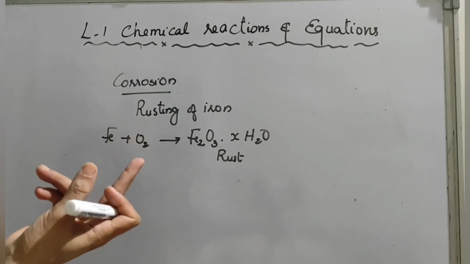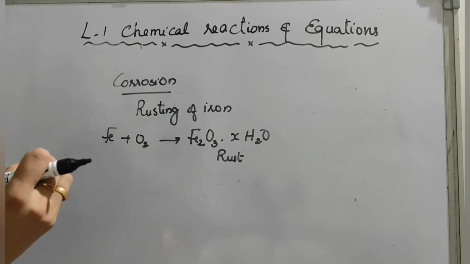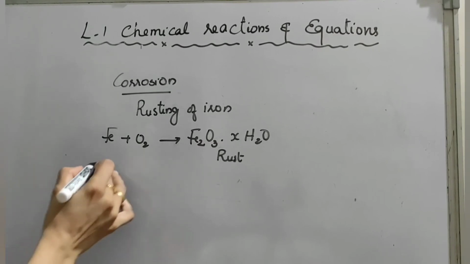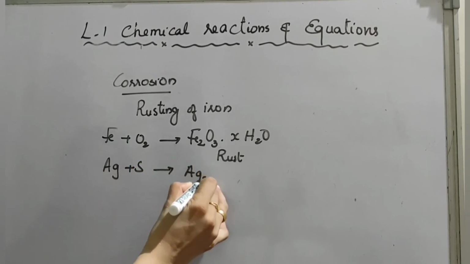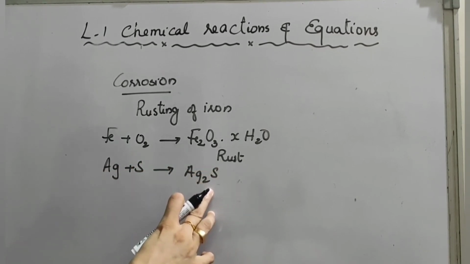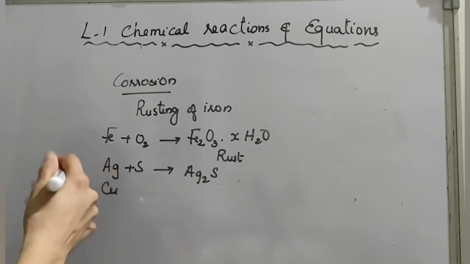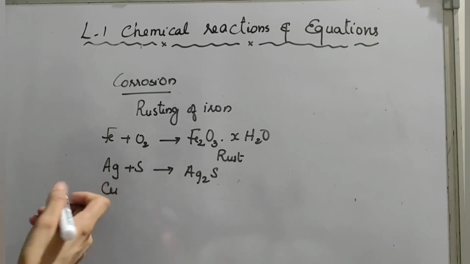Another case: in silver, we can see a black coating on the silver. That means silver reacts with sulfur and forms silver sulfide. Silver sulfide is a black coating, so that is corrosion happening in silver. And what about copper? In copper, we can see a green coating, that is another corrosion.